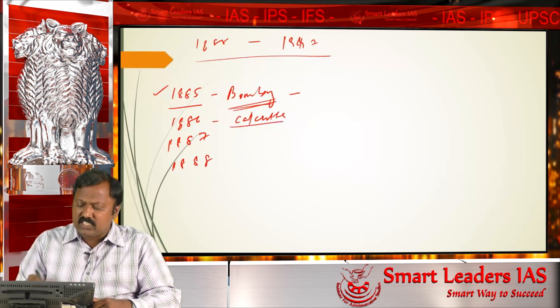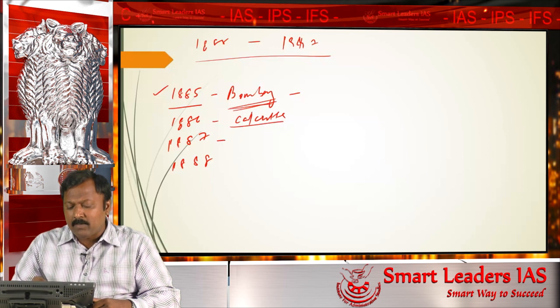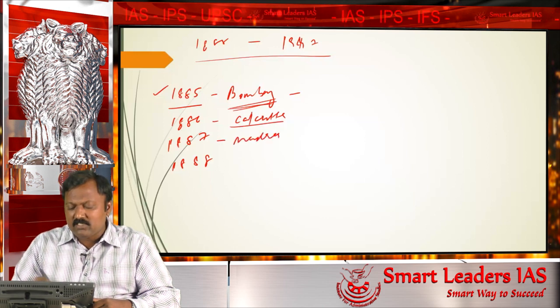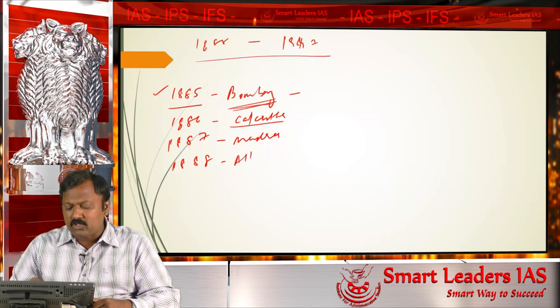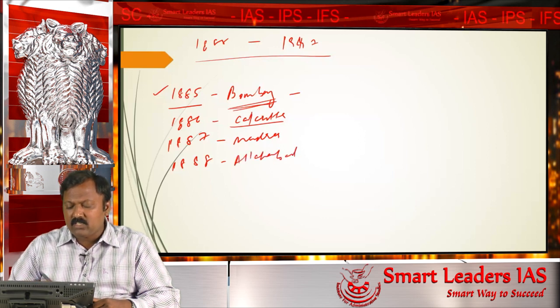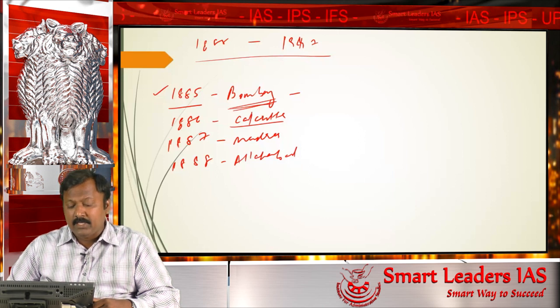So the second session was held in Calcutta, and the third important city in India during this time happens to be Madras. The third session was passed to Madras, and the fourth important city happens to be Allahabad. So these are the four places: 1885 Bombay, 1886 Calcutta, 1887 Madras, and 1888 Allahabad.